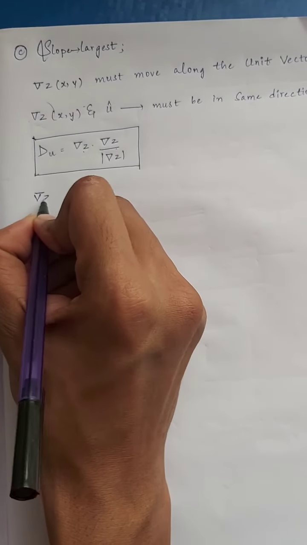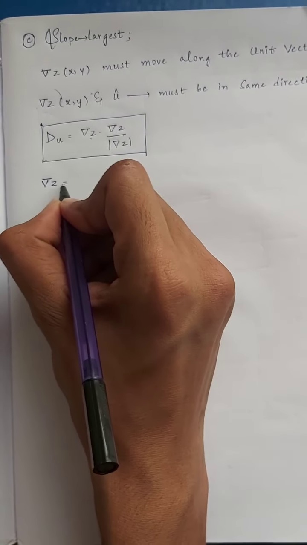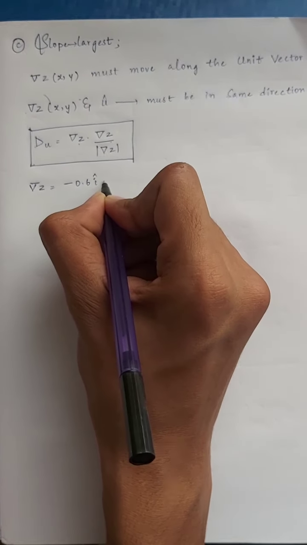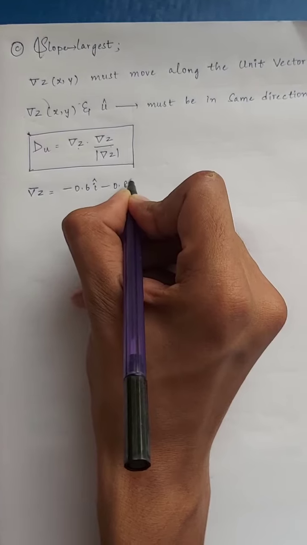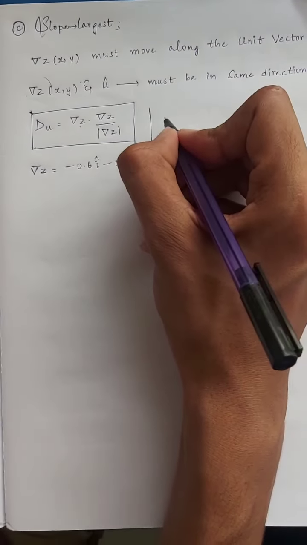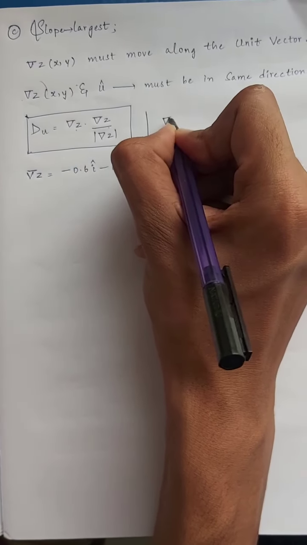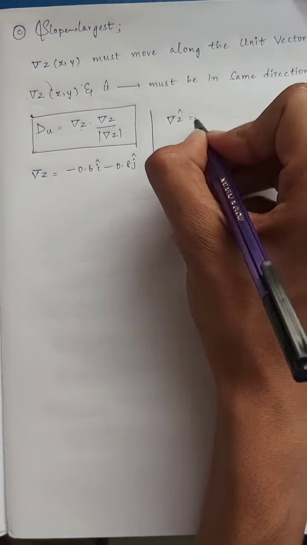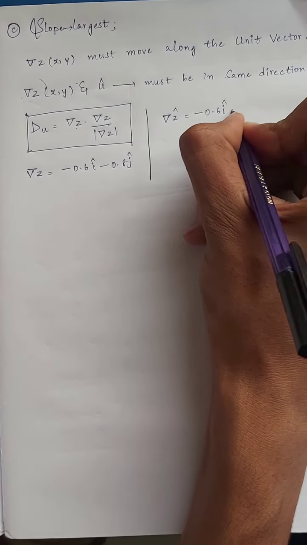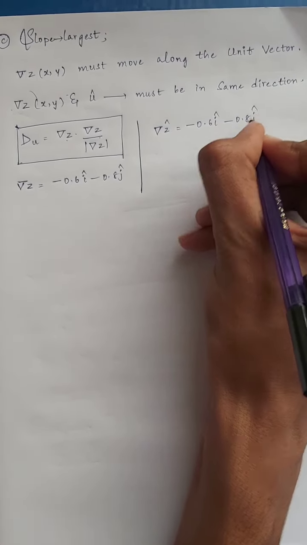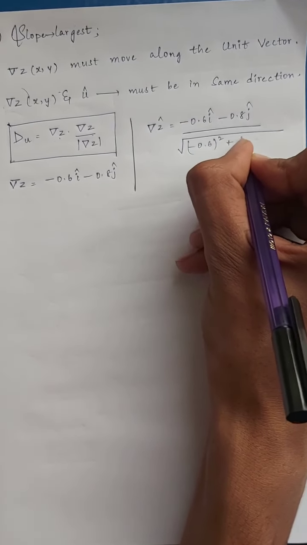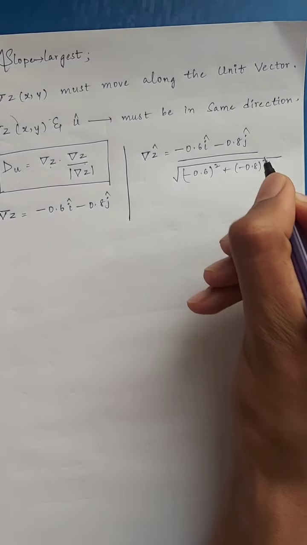So since the gradient vector is given as minus 0.6 i cap minus 0.8 j cap, now evaluating the unit vector along the gradient vector, we would get the vector by its magnitude, the square root of minus 0.6 whole square plus minus 0.8 whole square.